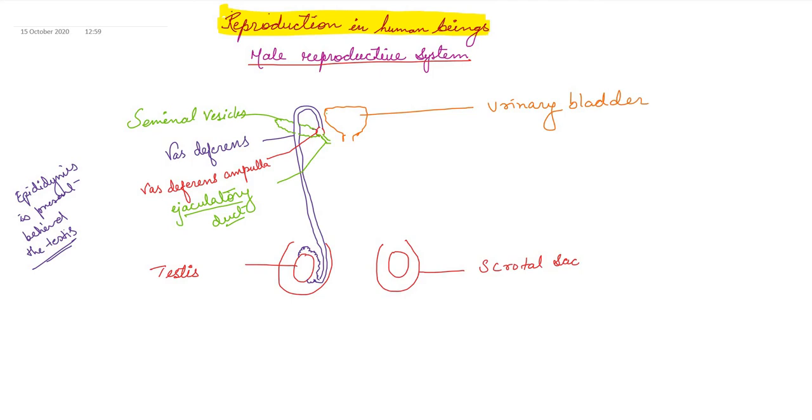This urinary bladder opens into a tube-like structure, as you are able to see in the diagram. This tube-like structure is known as urethra.